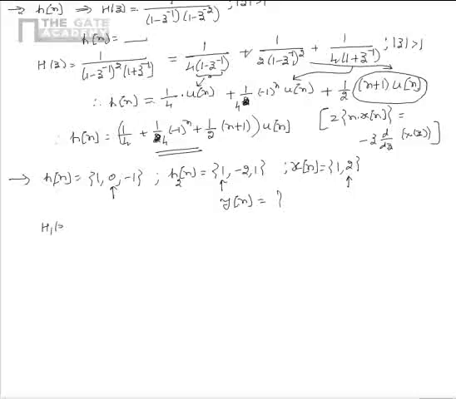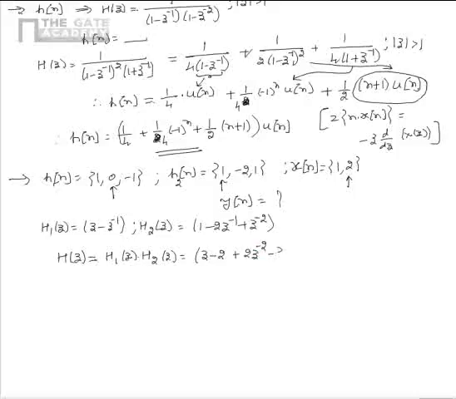From above, we can see that the system function H1(z) is equal to z - z^-1, and the system function H2(z) is equal to 1 - 2z^-1 + z^-2. From this, the overall system function can be written as H(z) equal to H1(z) multiplied by H2(z), which upon simplification becomes z - 2 + 2z^-2 - z^-3.